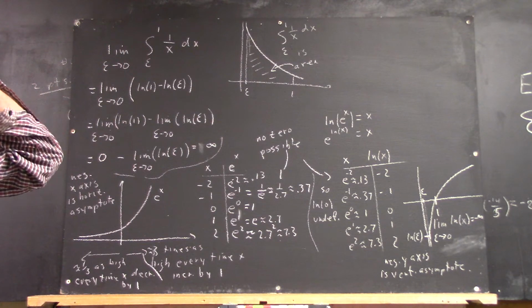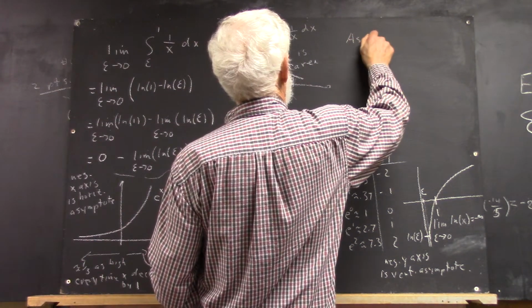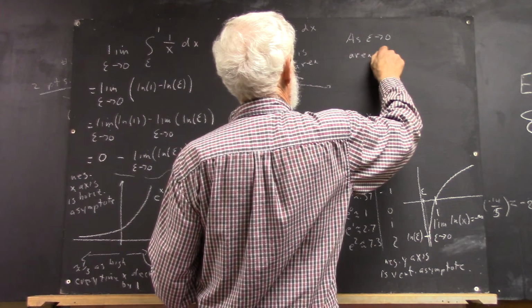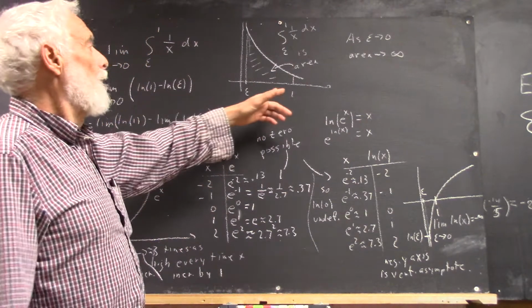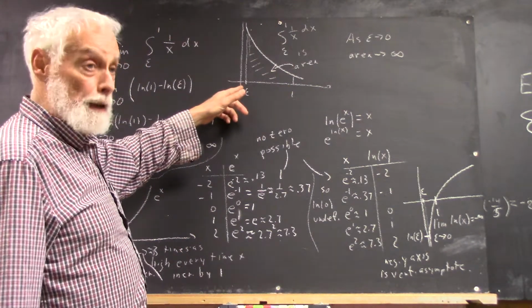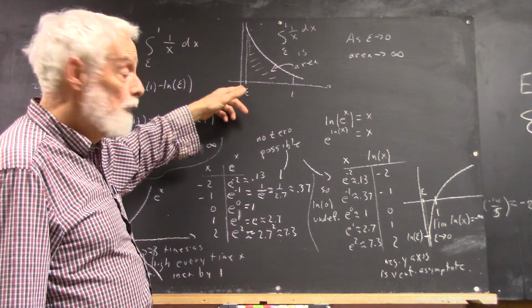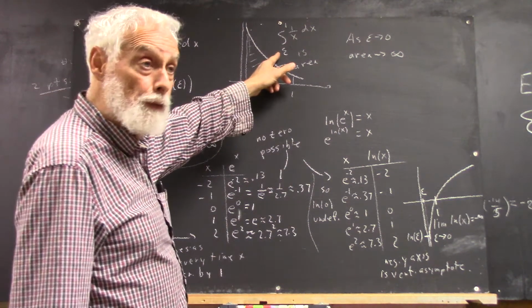Okay? As epsilon approaches 0, area approaches infinity, meaning that any area you want to get, no matter how big, you can make epsilon small enough that this integral will give you that area.